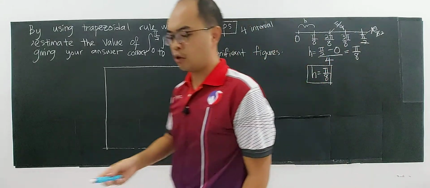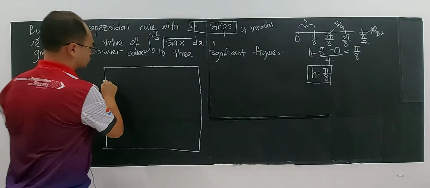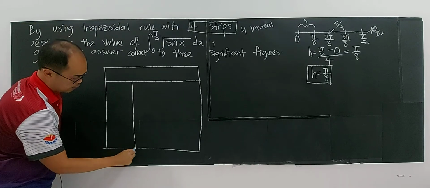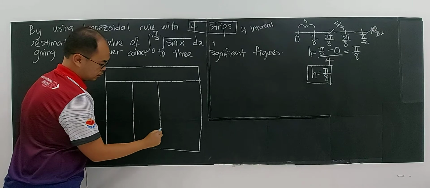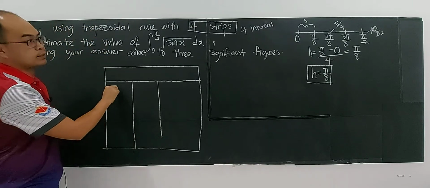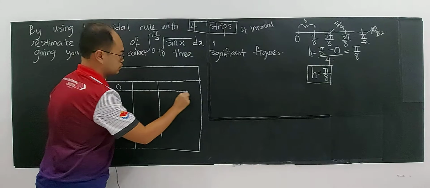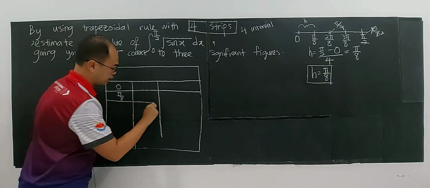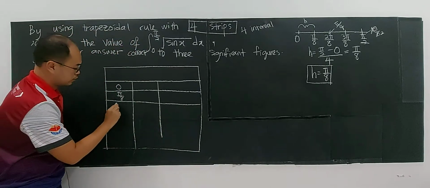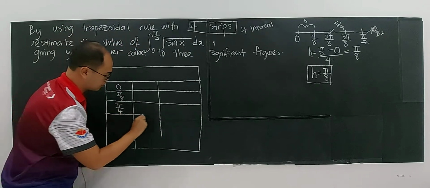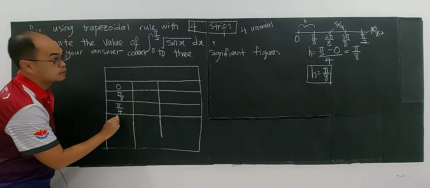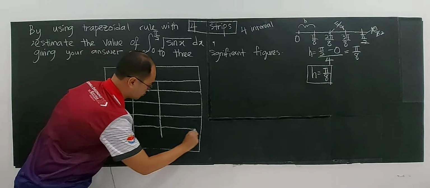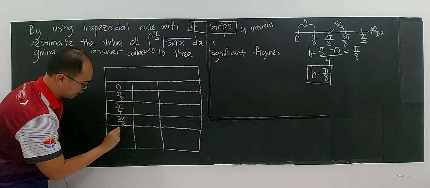So I'm going to put all the values into the table. This is the table I recommend. We have the x values: 0, followed by pi over 8, pi over 4 which is 2 pi over 8, 3 pi over 8, and pi over 2.